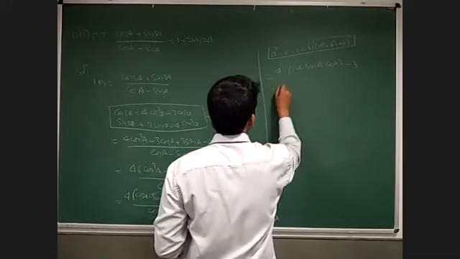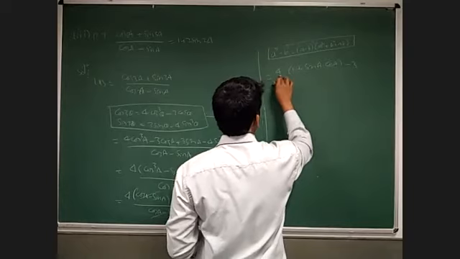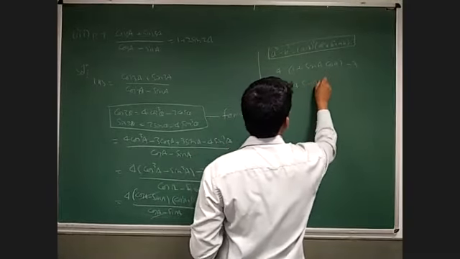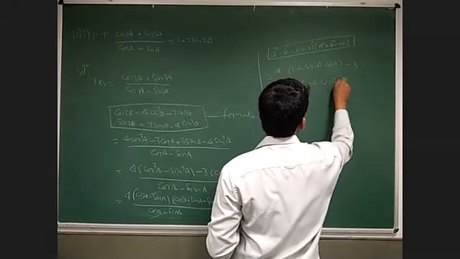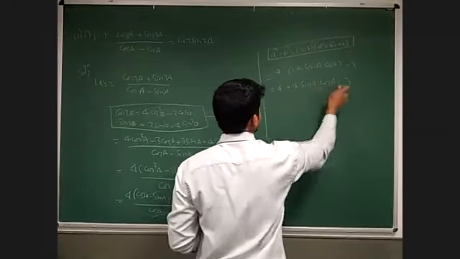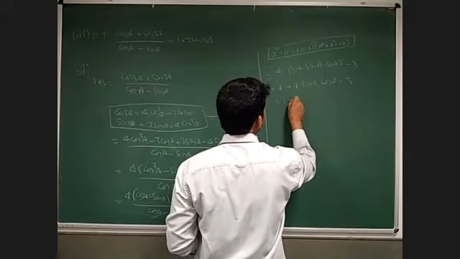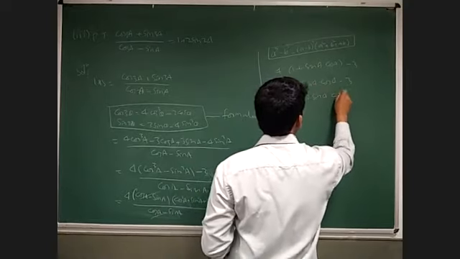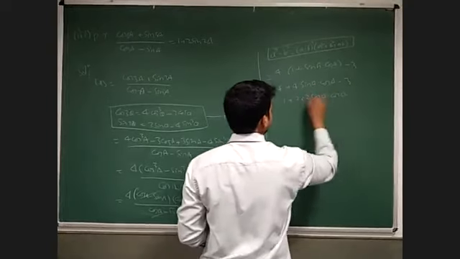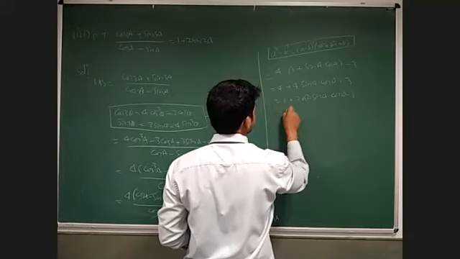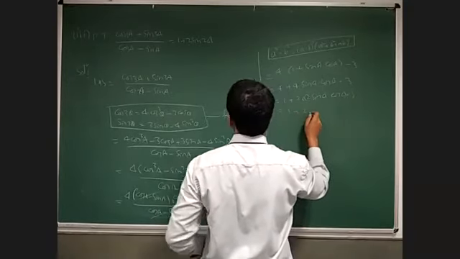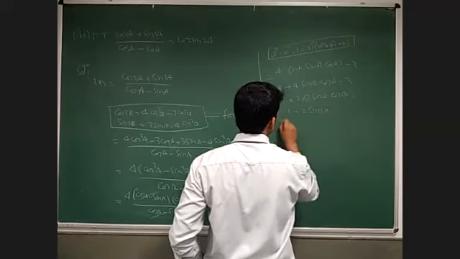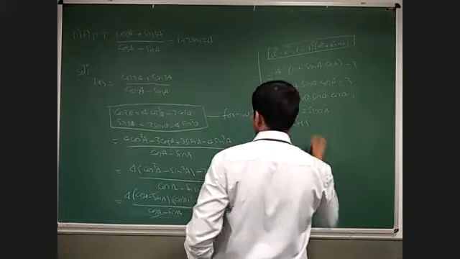Okay, now just multiply 4 with 1, then 4 sin a cos a; 4 minus 3 will be 1, and 2 into 2 sin a cos a. Okay, so I can write this term as sin 2a. So 1 plus 2 sin 2a. This is the right hand side.